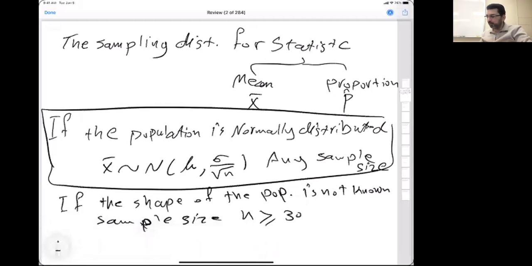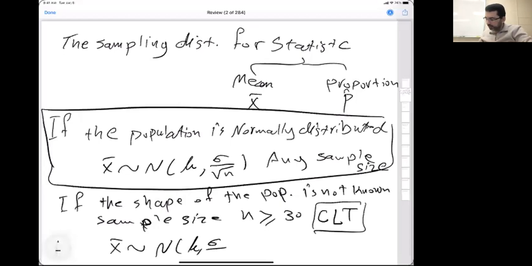Now we can apply something called the central limit theorem, because the central limit theorem says that regardless of the shape of the population, whether it's normally distributed, skewed or whatever, if the sample size is 30 observations or more, the sample mean x bar follows normal distribution with mean mu and standard deviation sigma divided by square root of n.